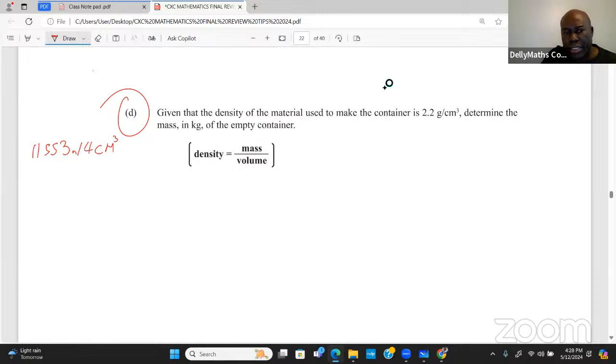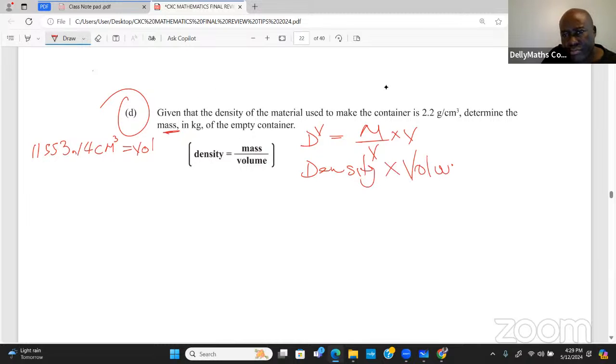Now, take a look at what we're dealing with. This is volume. Now, mass. Density is equal to M over V. If I'm supposed to find the mass, I'm going to multiply both sides by V. So density times volume gives me mass.